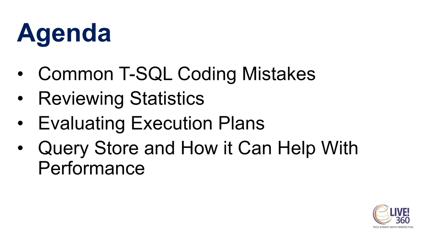We'll talk about reviewing statistics, gathering those and reviewing that data, as well as gathering execution plans for your code and reviewing those. Followed by, we'll talk about Query Store and how that can help you with your performance.